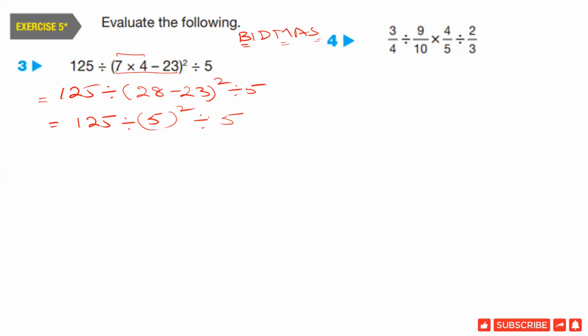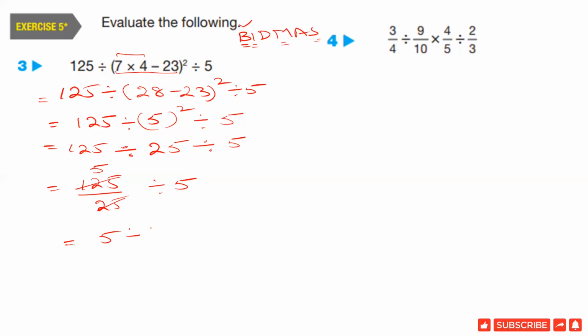There are two division signs, but we have to solve the index first. So 5 square is 25. Then all of them are division. When you have two divisions, you start from the left. 125 divided by 25 is 5. So now you are left with 5 divided by 5, which is equal to 1. This is your answer for question 3.